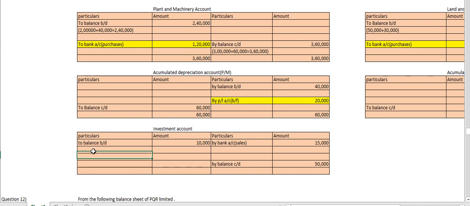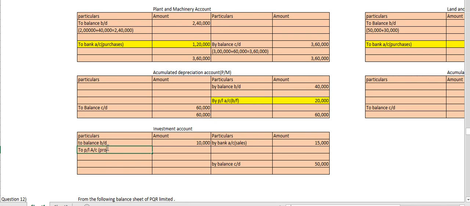So to profit or loss account, which is profit on sale. If it is to profit or loss account or by profit or loss account, it will obviously be taken in your profit or loss adjustment account.